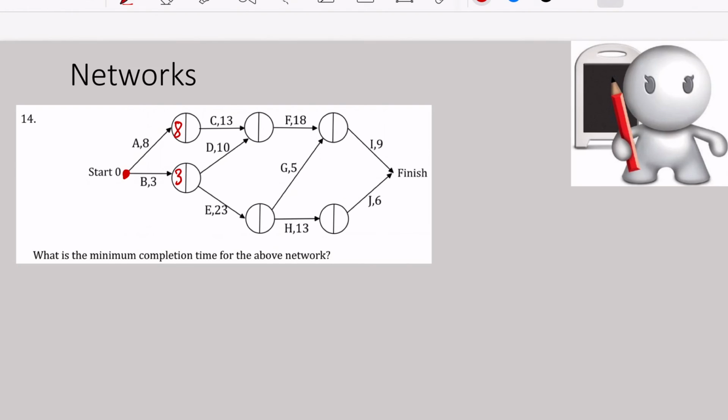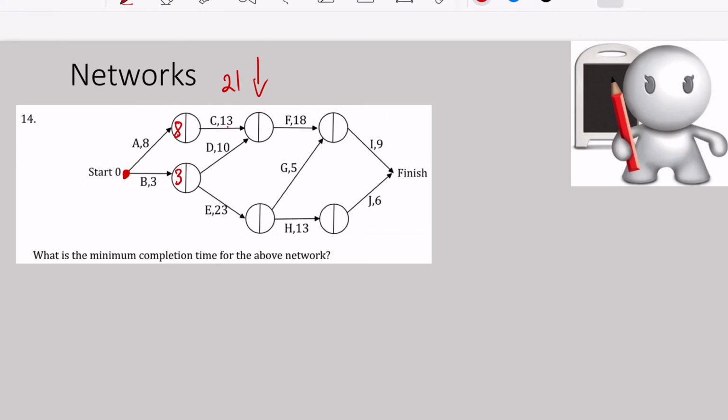Now, to get to this point over here, I can go through A and C, or I can go through B and D. Because that's the end of a loop, I'm going to write my answers outside before I choose the best option for inside. So watch and listen very carefully. 8 plus 13 is 21. And let's stick to minutes, 21 minutes.